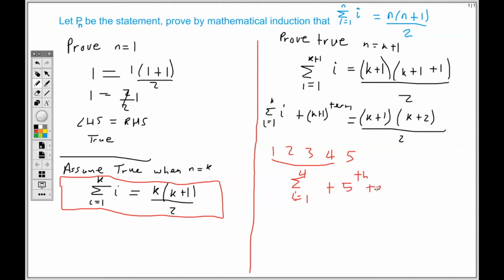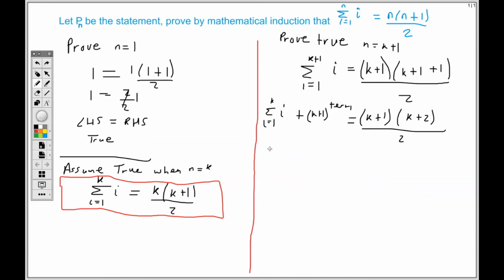I've just split it so that I have the summation from i equals 1 to 4, which represents the first part, plus the fifth term, which represents the k plus 1. So I'm summing from 1 to k, whatever k is, but I haven't left out the k plus 1 term. It's still there. I've just split it, so this is still summing from 1 to k plus 1.